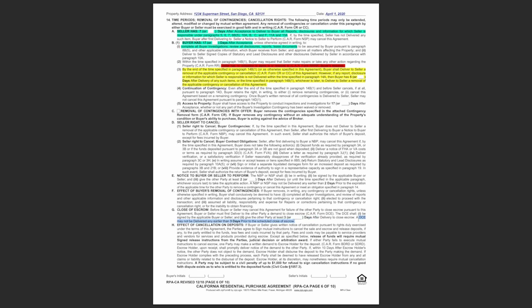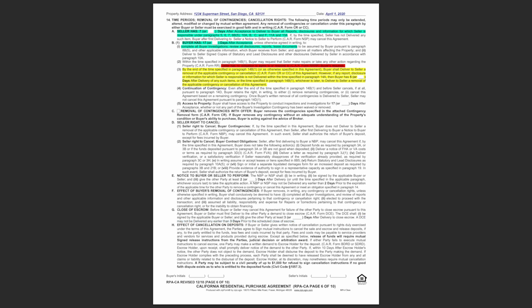A lot of times sellers or buyers will think they're a little bit tricky and they'll just start automatically sending this DCE 5 days prior to the close of escrow to give them the protection to be able to cancel if the buyer's not performing. But it doesn't work that way. You're not allowed to send this any earlier than 3 days prior to the close of escrow.